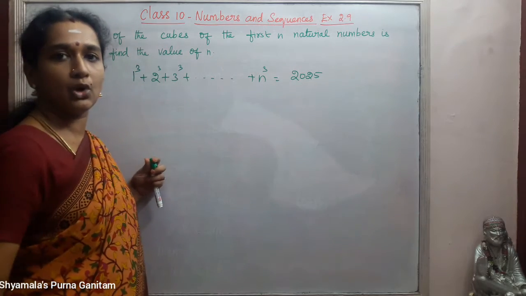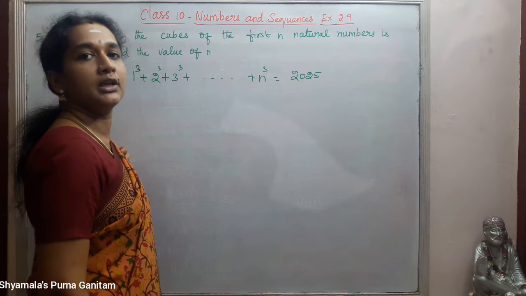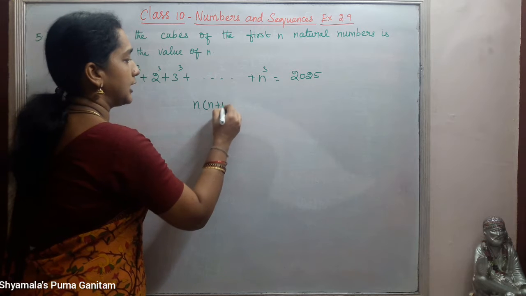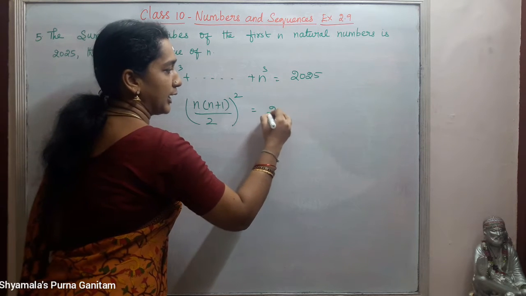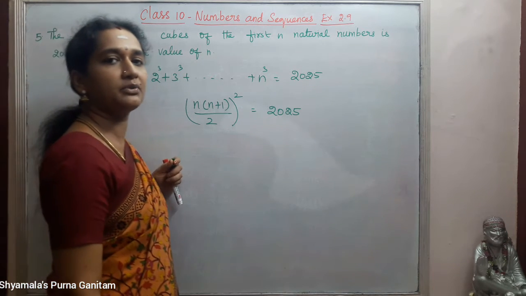Then find the value of n. So we know that the formula for the sum of the cubes of natural numbers is n into n plus 1 by 2 the whole square. That value is given as 2025.